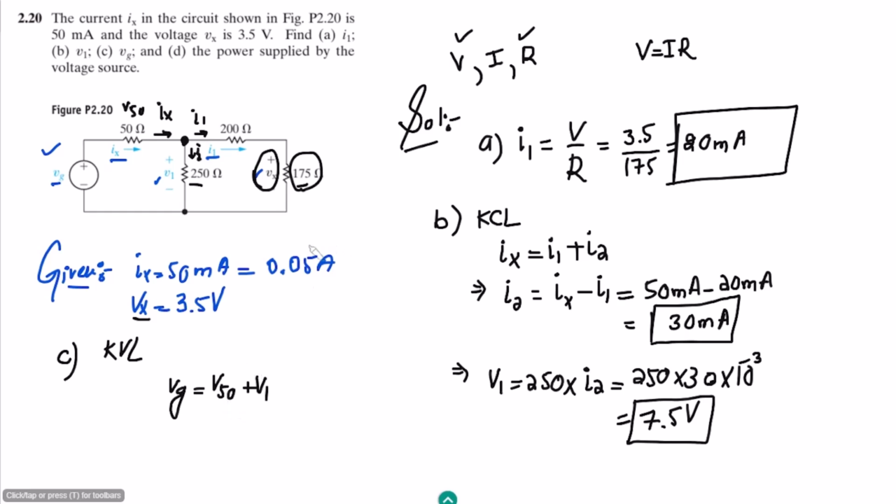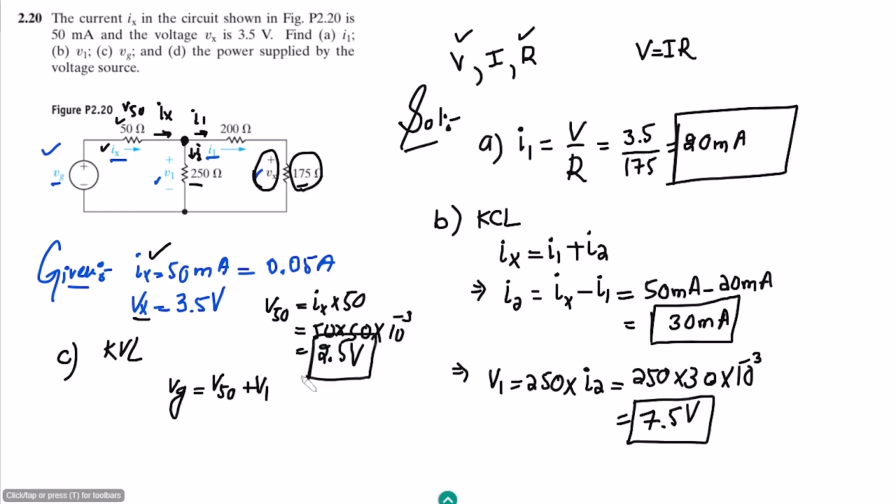Do we know the value of V50? No, we don't know it, but we know the value of the resistor and the value of the current, so we can easily find V50, that is Ix multiplied by 50 ohm. That is 50 multiplied by 50 multiplied by 10 to the power minus 3, which is 2.5 volts.